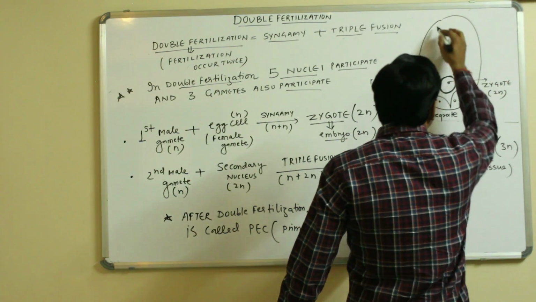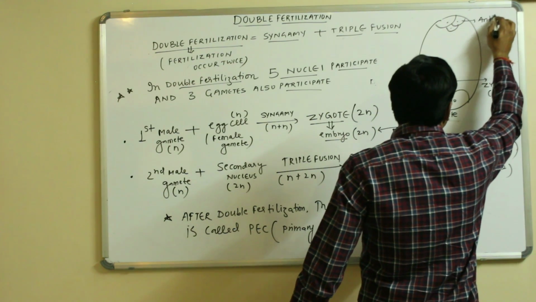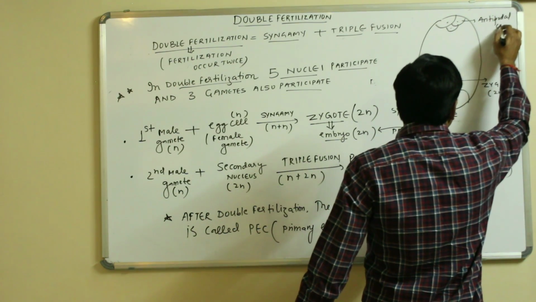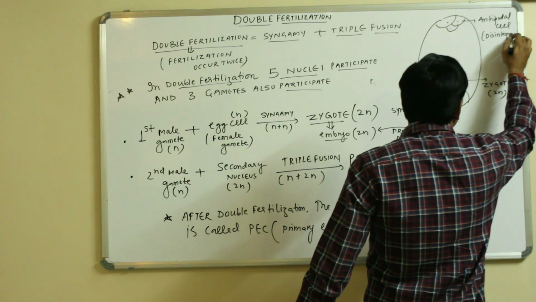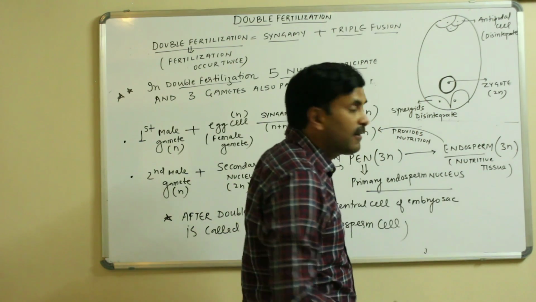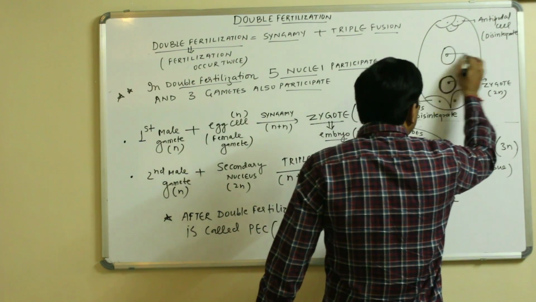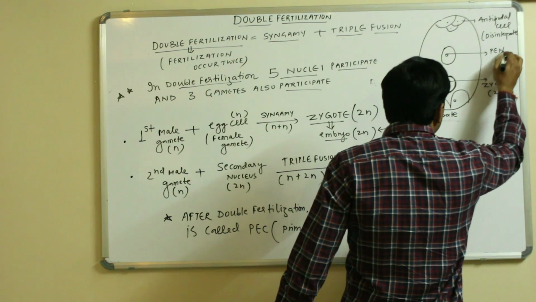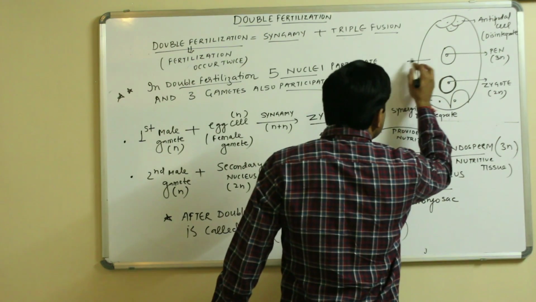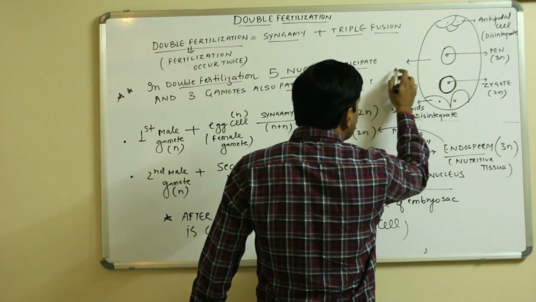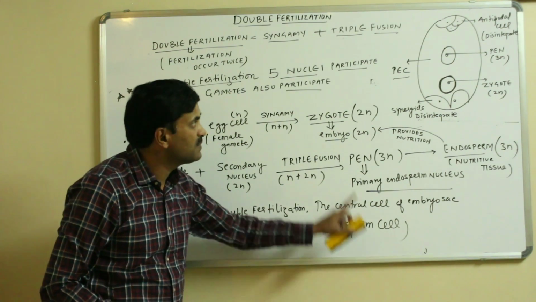This is 2n. Here the antipodal cells also disintegrate, and here at the center what is formed? A 3n structure is formed, known as the PEN, right? And the central cell is now called PEC, which is also called the primary endosperm cell.